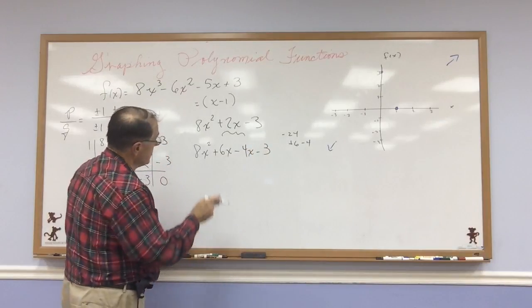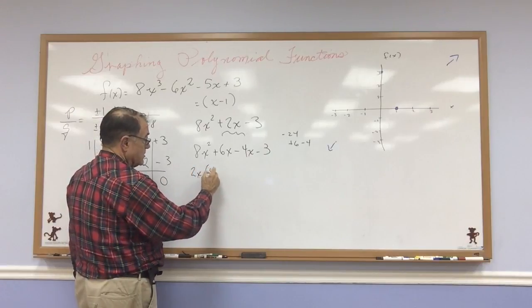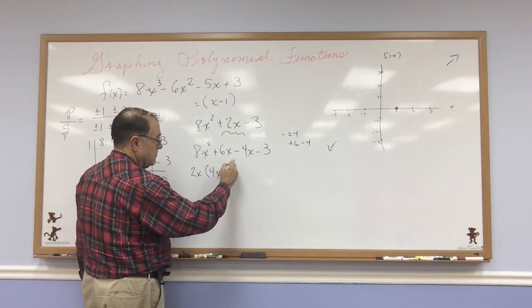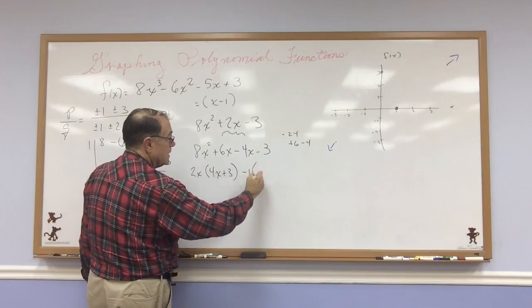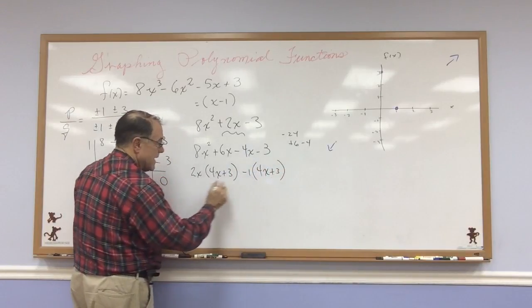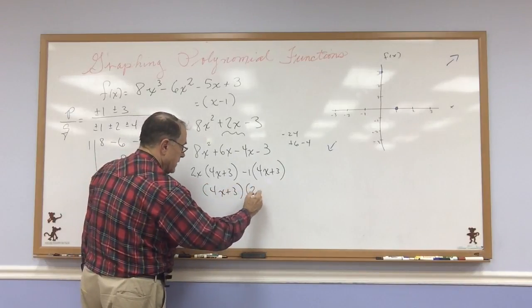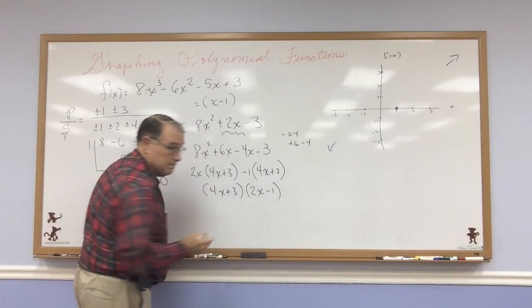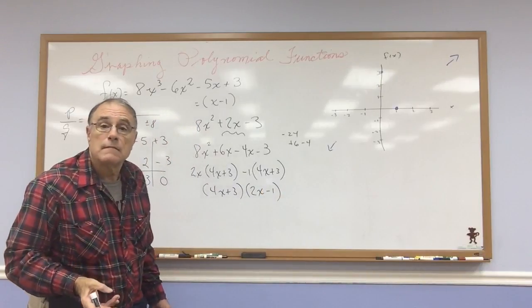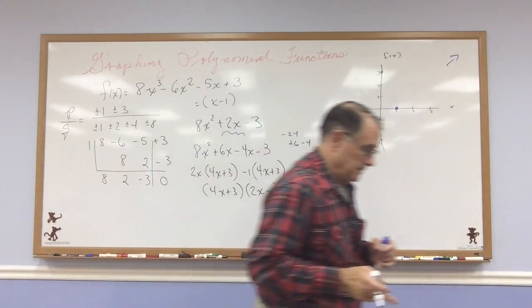We'll factor by grouping. Taking out a 2x will leave us with 4x plus 3, and taking out a negative 1 also leaves 4x plus 3, letting us take out 4x plus 3 and leaving 2x minus 1. Now I've got everything completely factored.